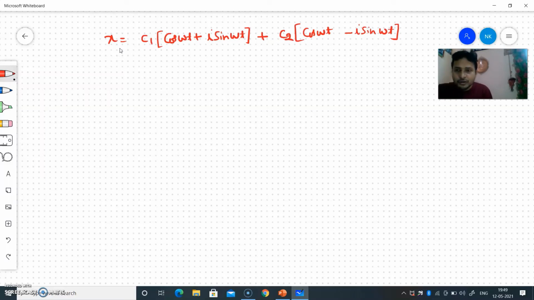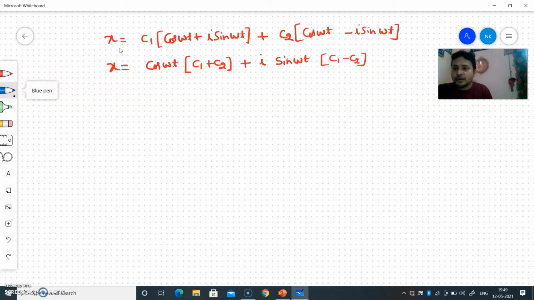Now, putting all the constants together, let's keep all the coefficients of cos omega t. So this is c1 plus c2. Then collecting all the coefficients of sin omega t: i sin omega t and c1 minus c2.